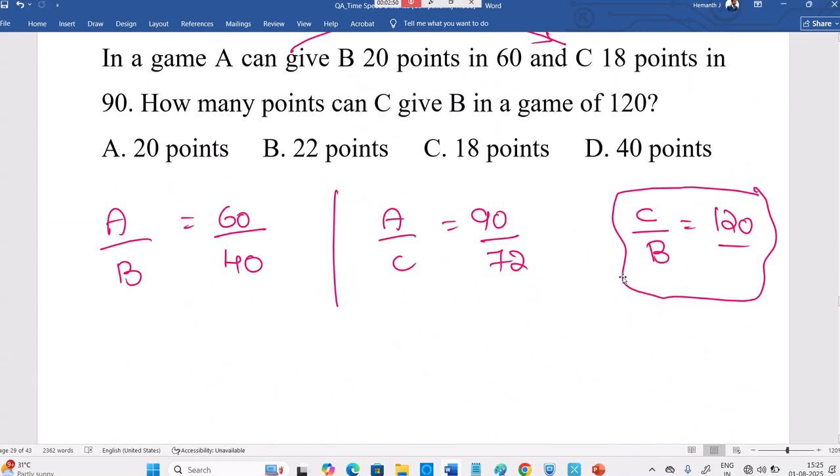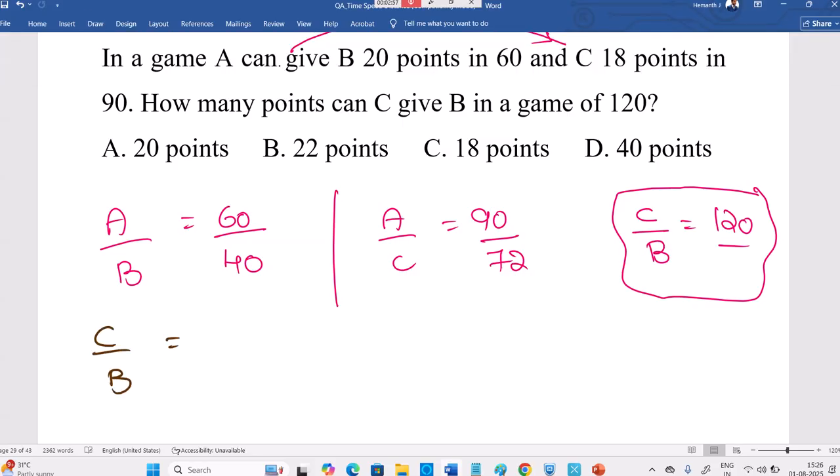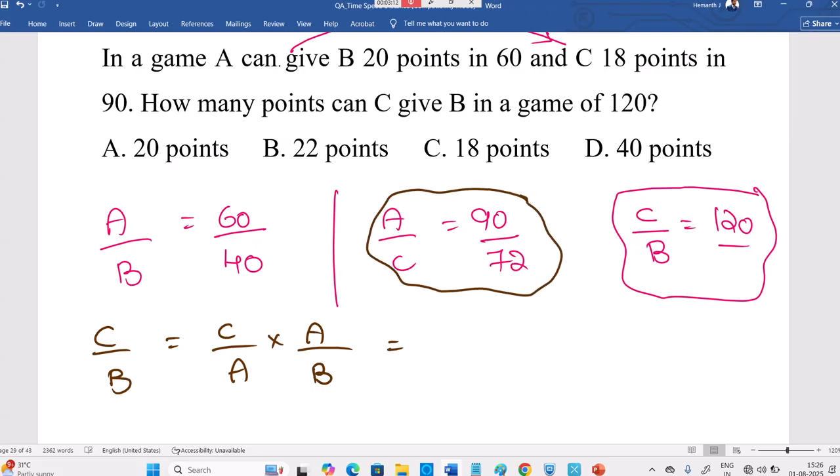So that is A by B. Now you want C by B. C by B can be written as C by A into A by B, and A gets cancelled. What is C by A? A by C is 90 by 72, so C by A is 72 divided by 90. A by B is 60 divided by 40.